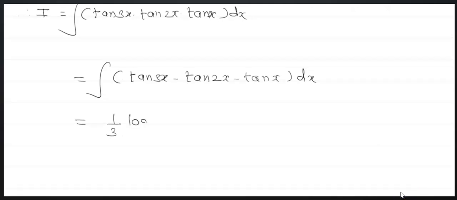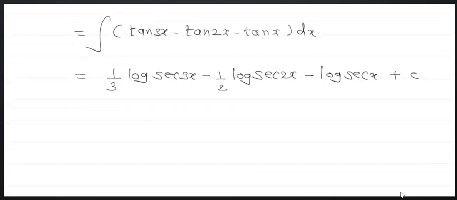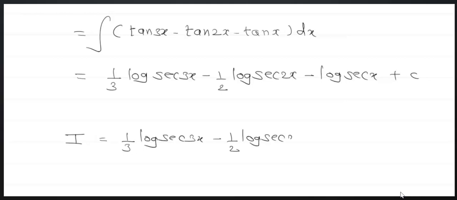The integral of tan of 3x is 1 upon 3 log of sec of 3x minus 1 upon 2 log of sec of 2x minus log of sec x plus c, and this is the answer. Therefore I is equal to 1 upon 3 log of sec of 3x minus 1 upon 2 log of sec of 2x minus log of sec x plus c.